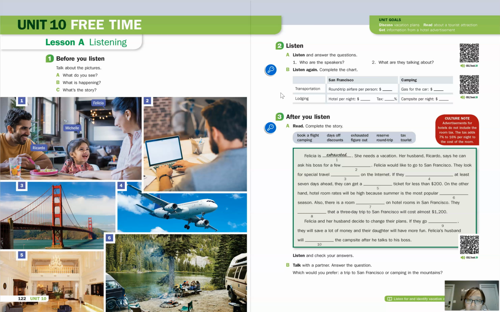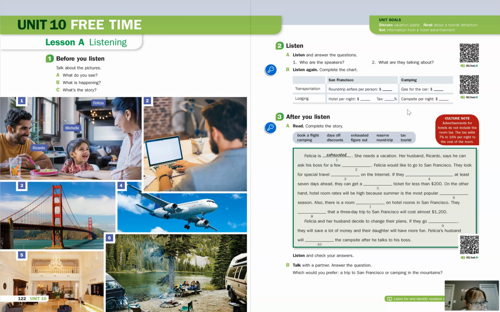And then how much will the campsite cost if they go camping? So we can say the campsite will cost $35 per night.